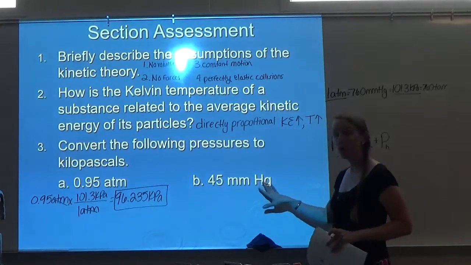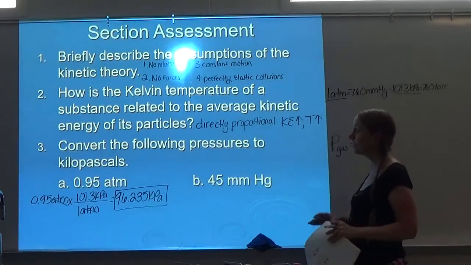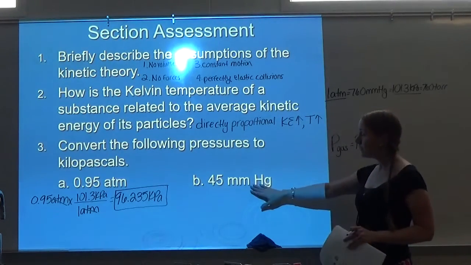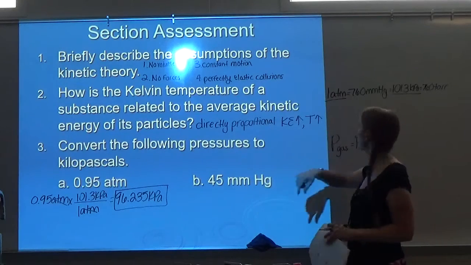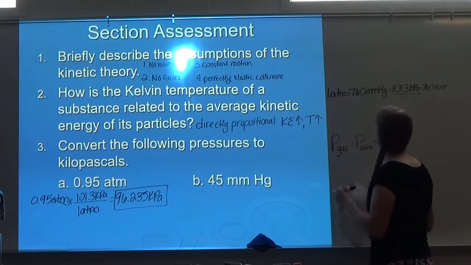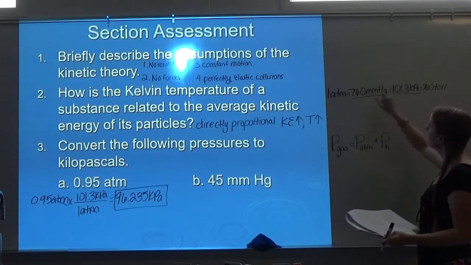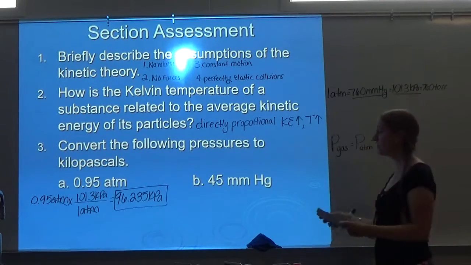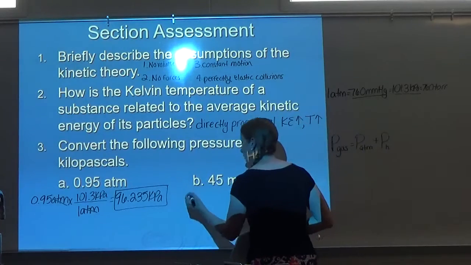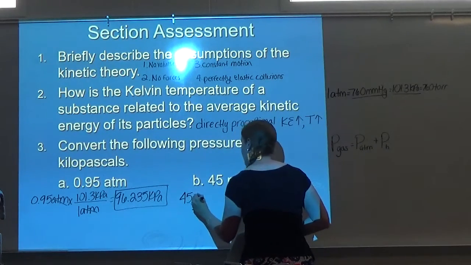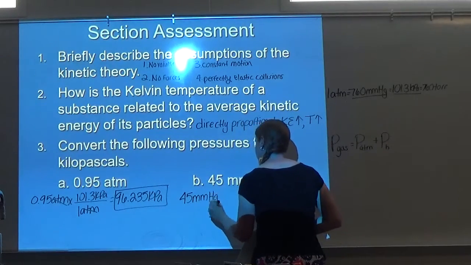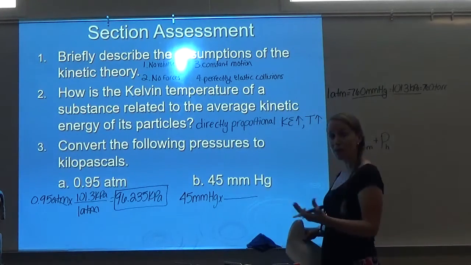Alright, so maybe pause it, try this one first, and then we'll look at it together. So we're going to convert 45 millimeters of mercury to kilopascals. So this time I need millimeters of mercury and kilopascals. So 760 millimeters of mercury equals 101.3 kilopascals. So I start with what I know, and that's 45 millimeters of mercury. And then I follow my golden rule.